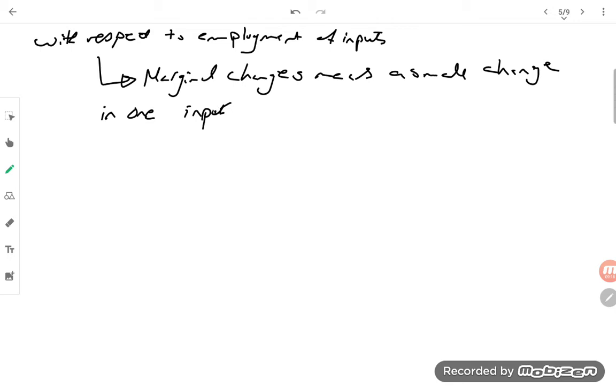So this means that we are going to change labor while holding other factors constant, or changing capital while holding other factors constant, and so on.